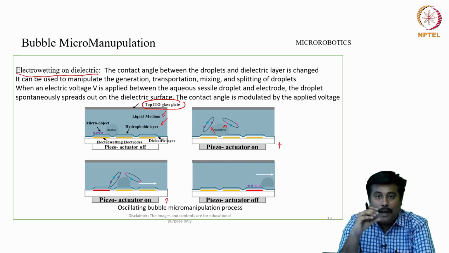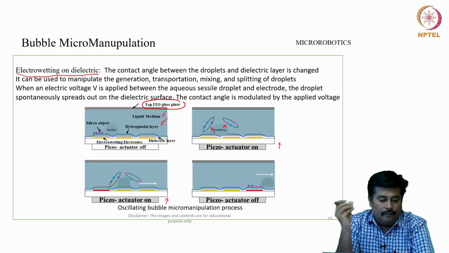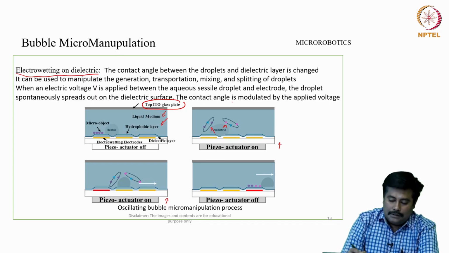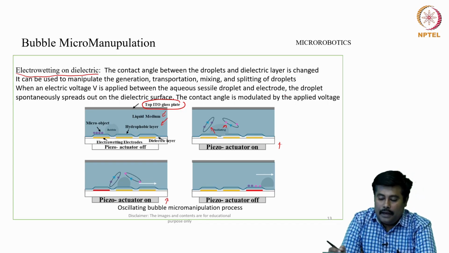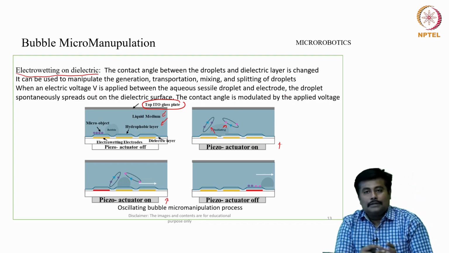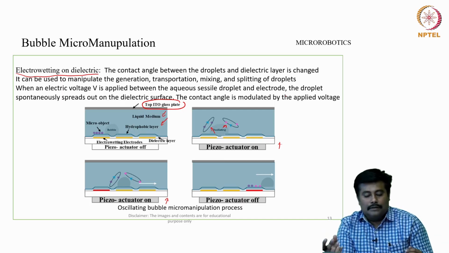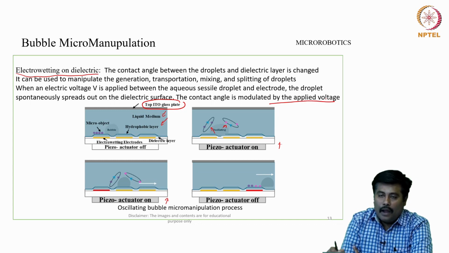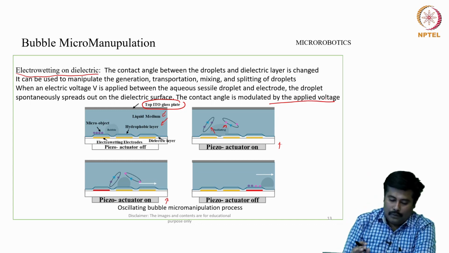It can be used to manipulate the generation, transportation, mixing and splitting of droplets. When an electric voltage V is applied between the aqueous sessile droplet and the electrode, the droplets spontaneously spread out on the dielectric surface, and the contact angle is modulated by the applied voltage.